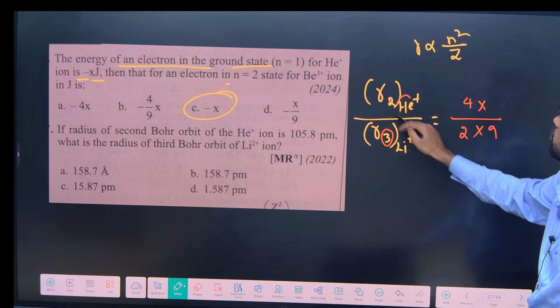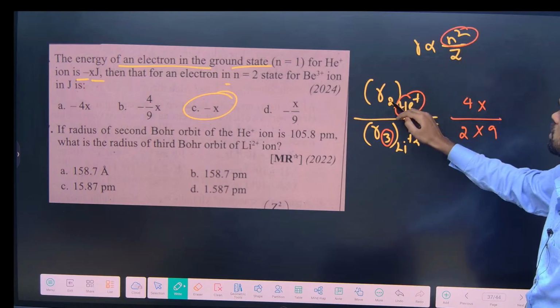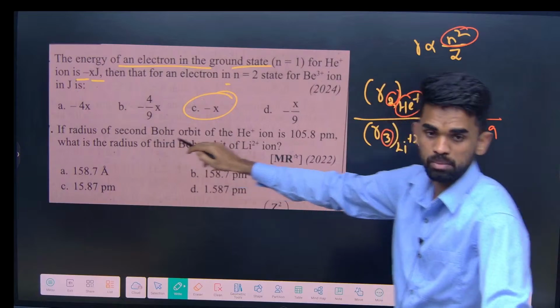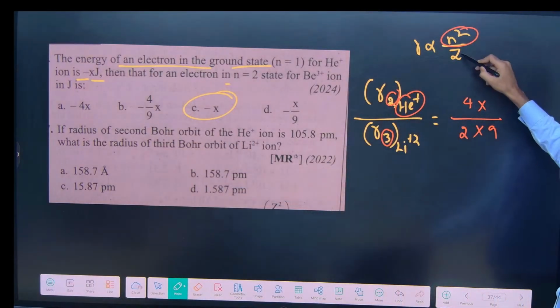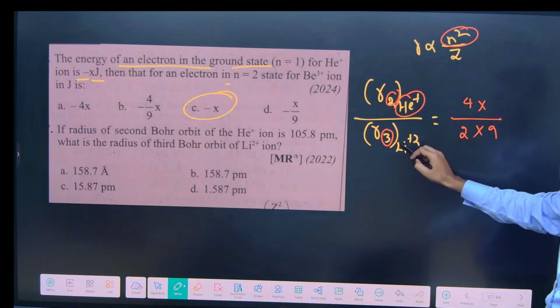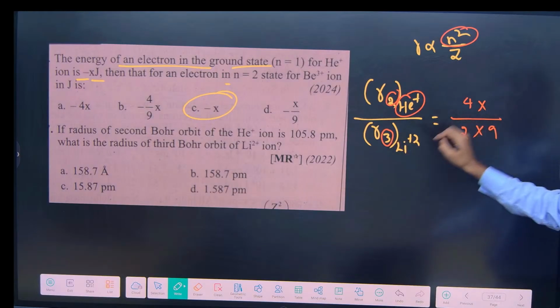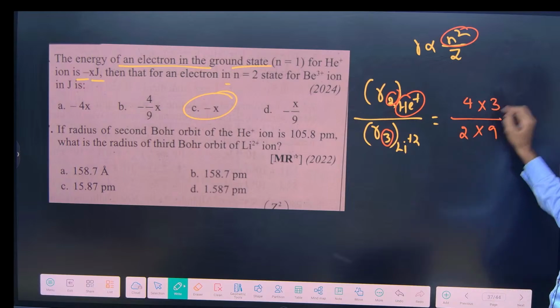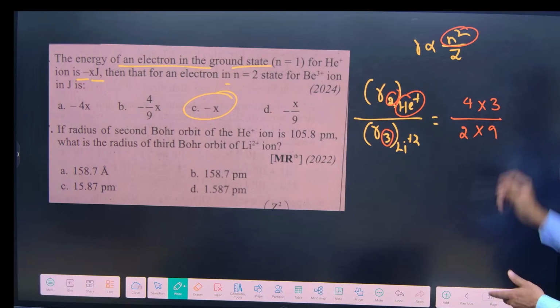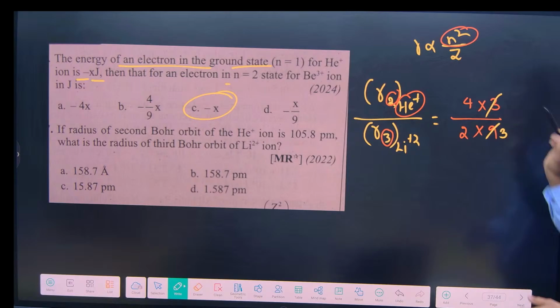Helium, n value is how much? 2 they have mentioned, second Bohr orbit. So it is 2 square 4. Z is how much for helium? 2. Okay, and for lithium it is 3, n square is 3 square 9, Z is 3. Okay, that's it. Up to here it is clear. So this one is 3 times.